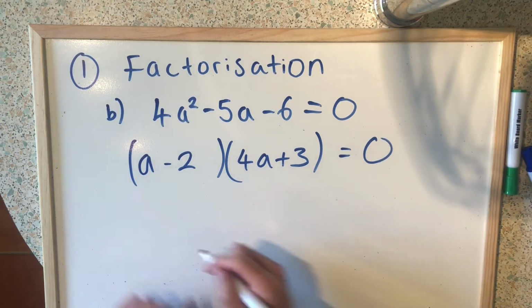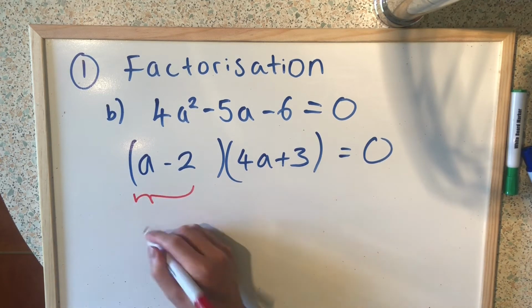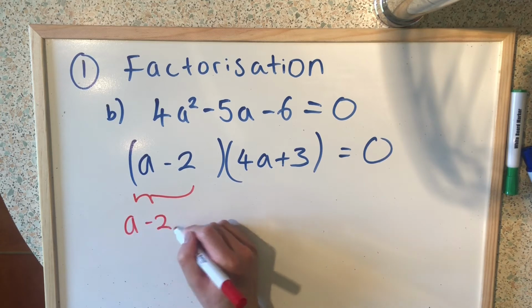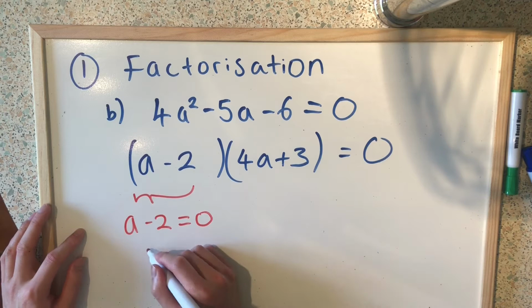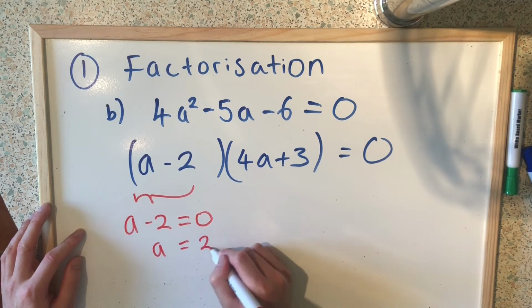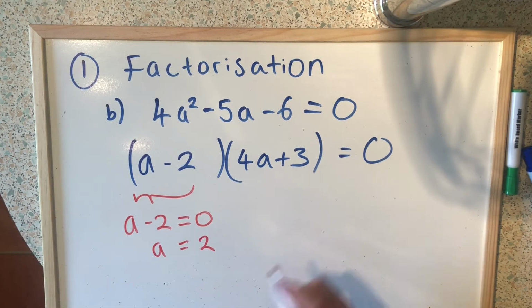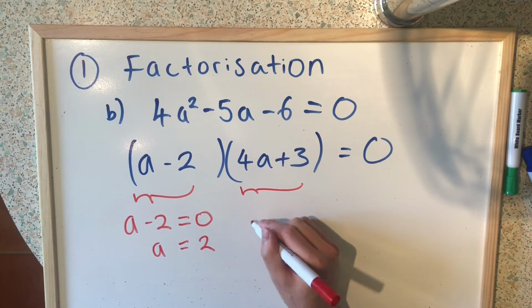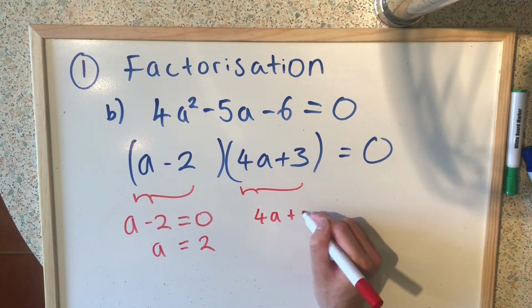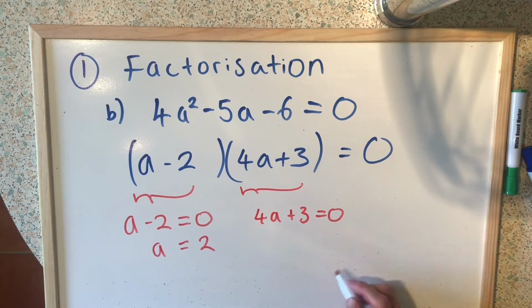Let's start with this one, our first case. We've got a minus 2 must be 0. So add 2 to both sides, we've got a must be 2. That's one case. Our second case is if 4a plus 3 is 0.